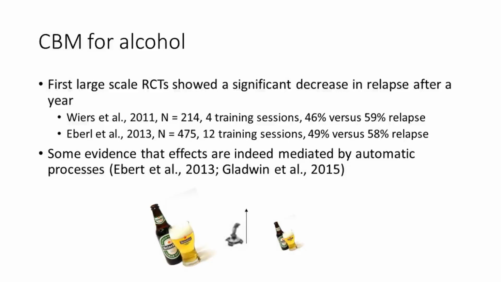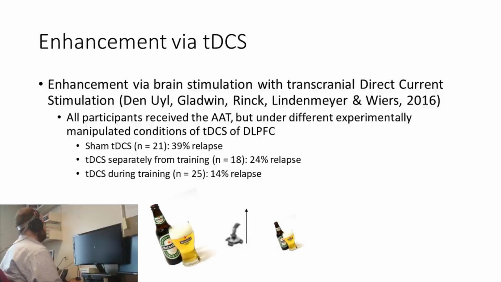The next step was to try to enhance the training that had been done before by using TDCS. Now, TDCS is a way to stimulate the brain or modulate brain activity using constant current. This has been studied a lot. There's some controversy about it, but the application we were interested in was a possibility that maybe this will enhance neuroplasticity and therefore make the training more effective.